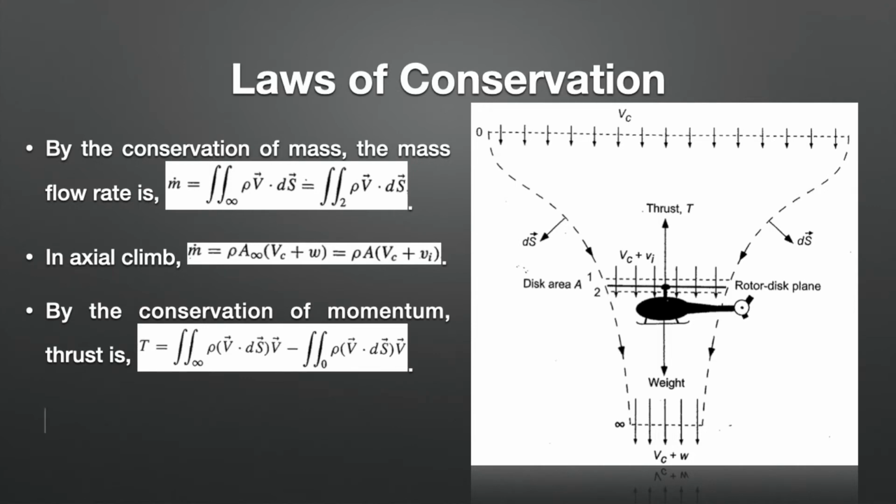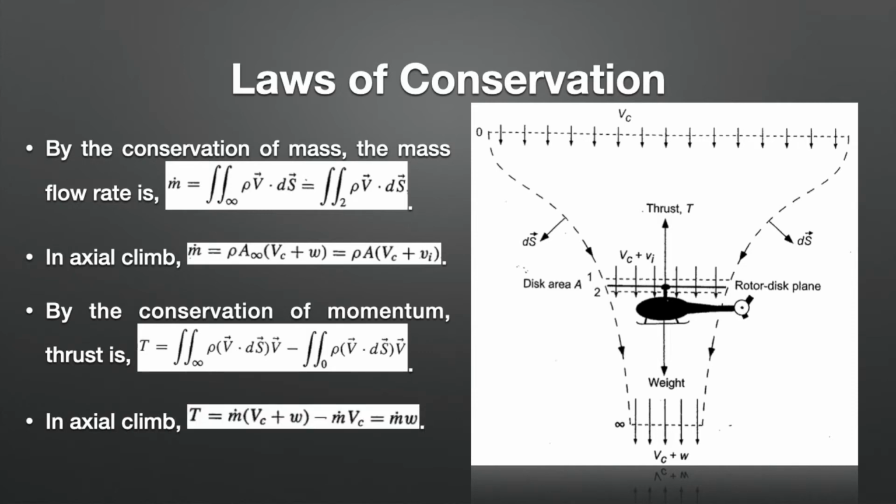Therefore, in this case, T is equal to m dot into Vc plus omega minus m dot Vc, that's equal to m dot into omega. This is the same equation obtained for the rotor thrust in the hovering case. You can refer to the previous video.